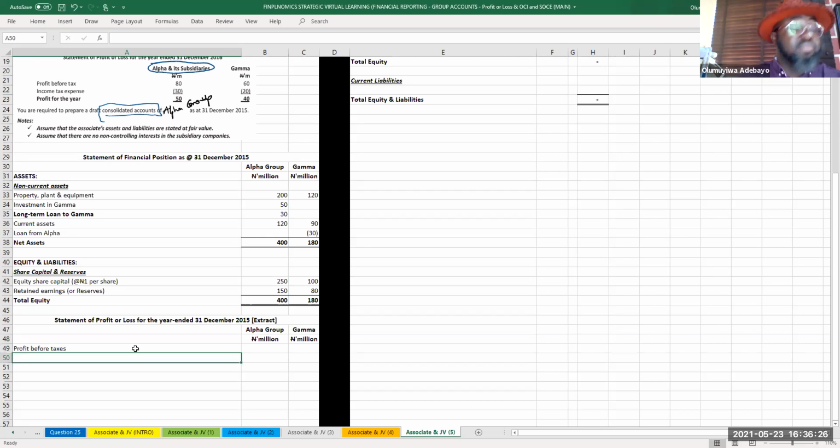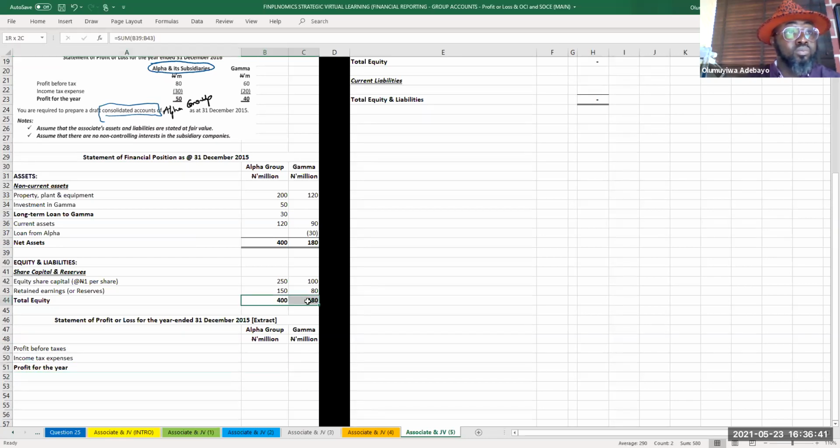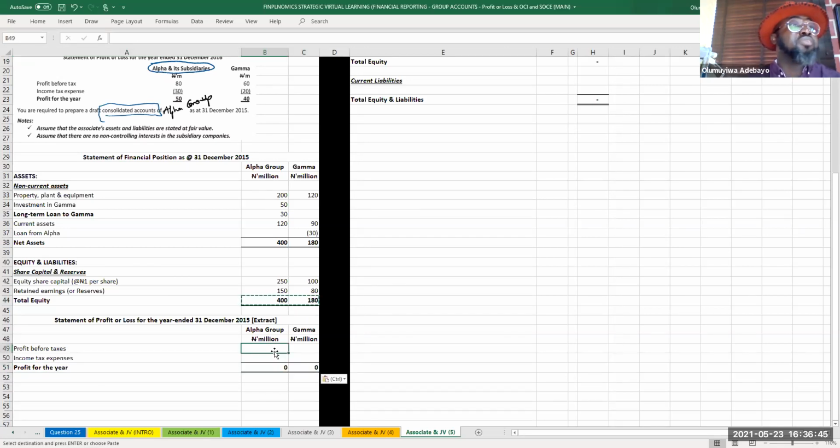We have our income tax expense. And we have our profits for the year. What's our profits? 80 and tax 30. What's our profit? 60 and tax 20.